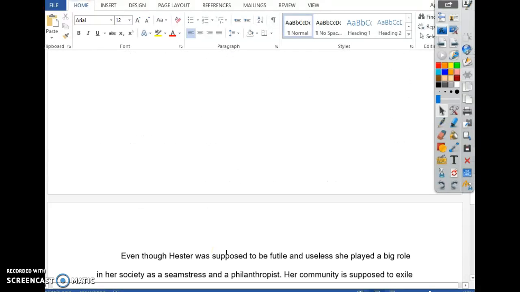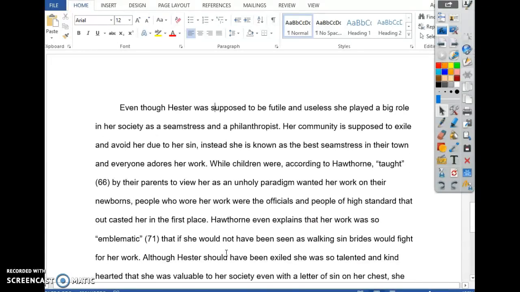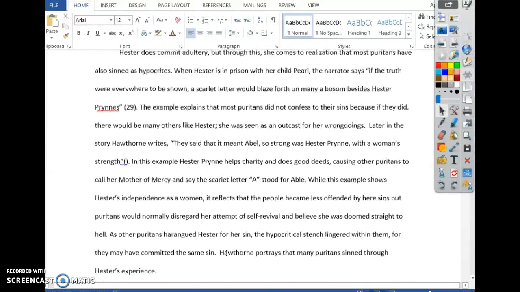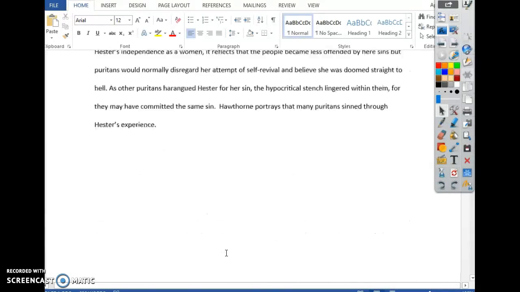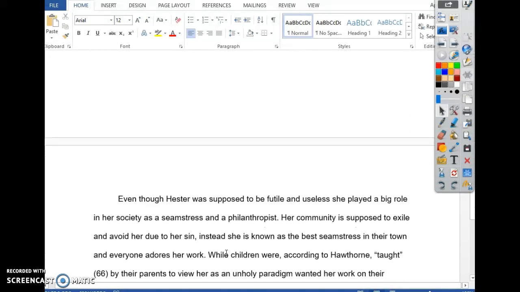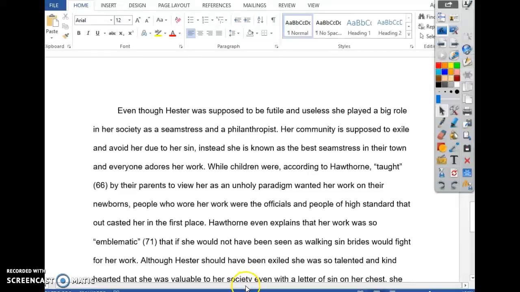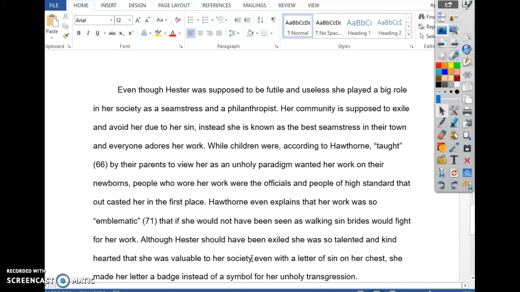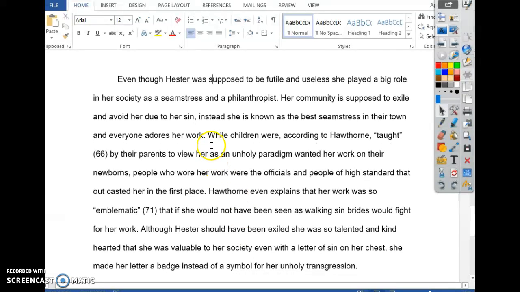The last one I'm going to show you does a great job of using shorter quotes. Both of these samples, you'll notice much longer quotes. This one, pretty long quotes. But in this one, the writer does a really great job of shortening the quote to just the most important word. And she does this twice. Notice this sentence: "While children were, according to Hawthorne, taught by their parents to view her as an unholy paradigm, mothers wanted her work on their newborns."